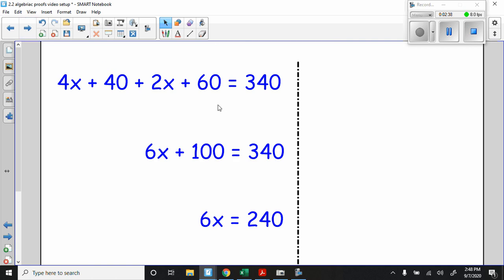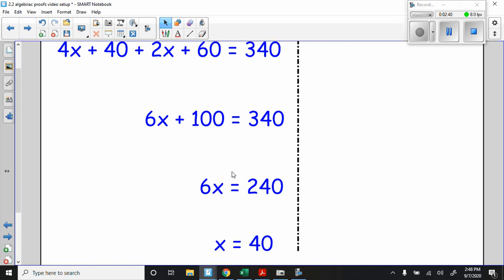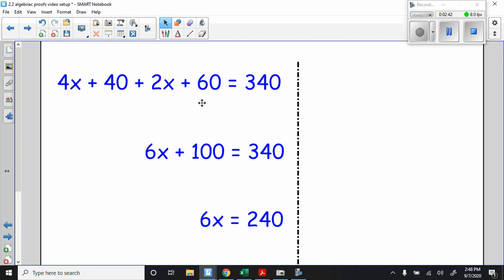I'm going to use this equation here to try to set up proofs for you. So here's what we're going to do. Here is the equation, something similar to what we did last week: 4x plus 40 plus 2x plus 60 equals 340.